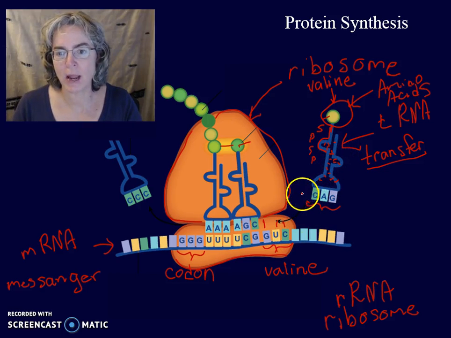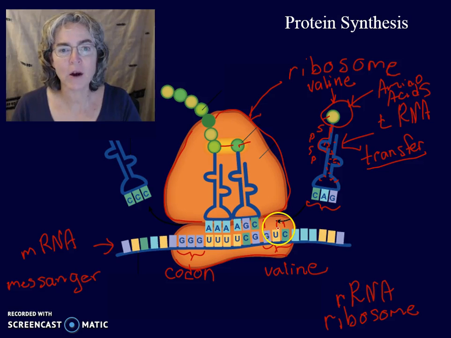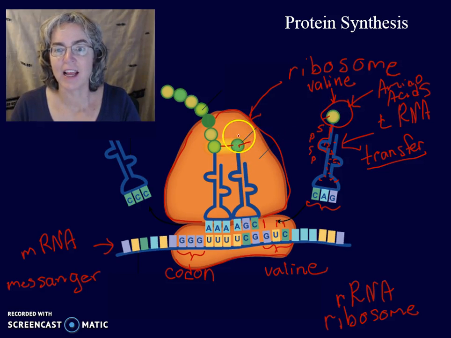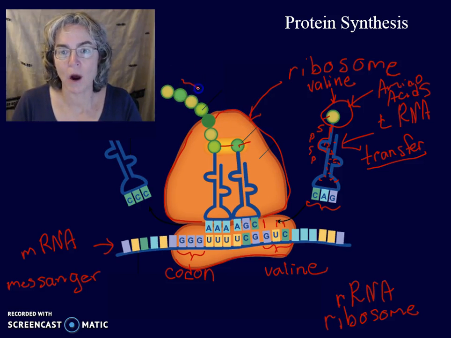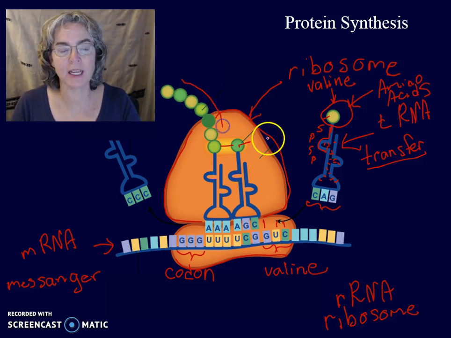So this tRNA molecule will come in, dock in our ribosome, bringing with it our amino acid. And the ribosome will then facilitate the bond between the last amino acid and valine to make our growing protein chain.